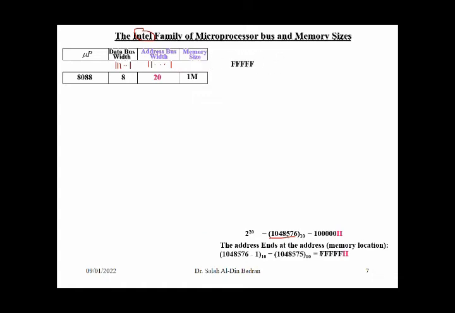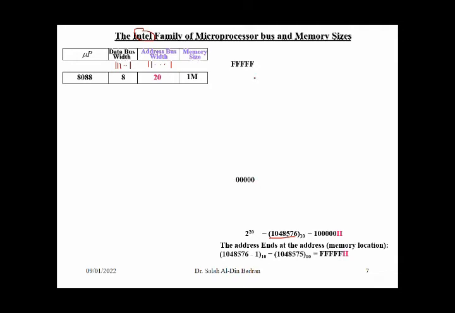See, this number in hexa, we wrote it here, and the first number is here with 1, 2, 3, 4, 5 digits. Remember, these digits are in hexa.